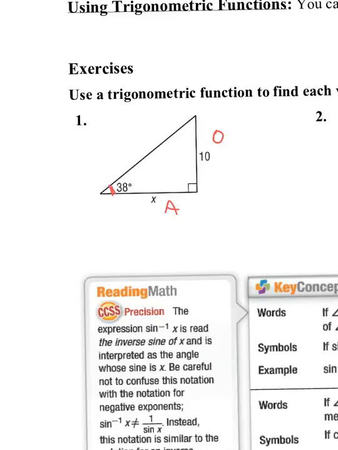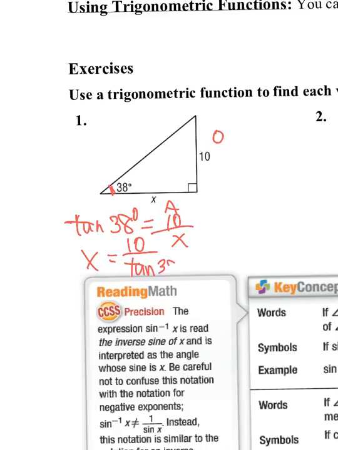So tangent of 38 degrees is equal to 10 over x. Then we solve for x, so I'm going to multiply by x and then divide by tangent of 38 degrees. So we get x is equal to 10 over tangent of 38 degrees.